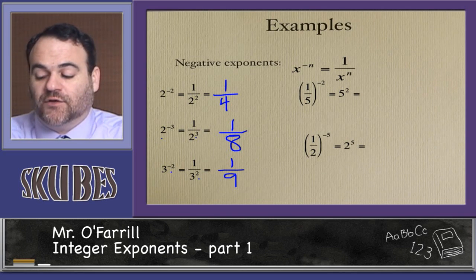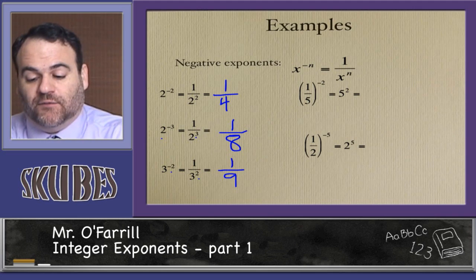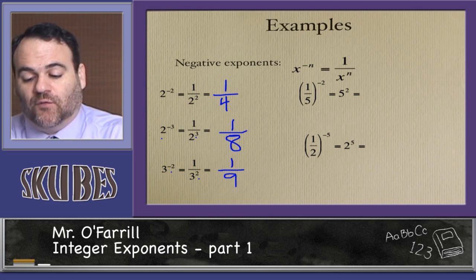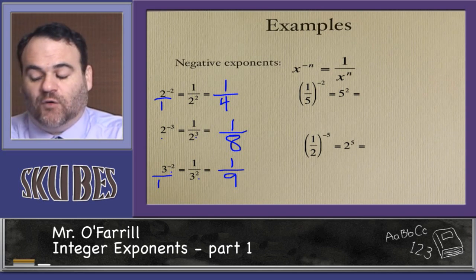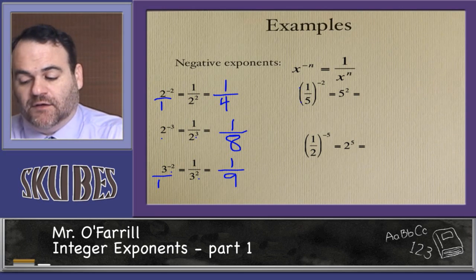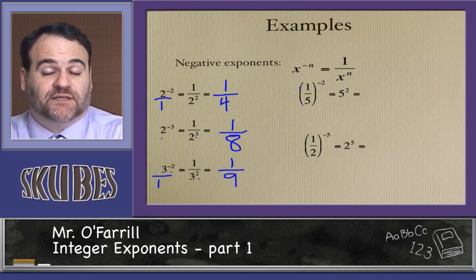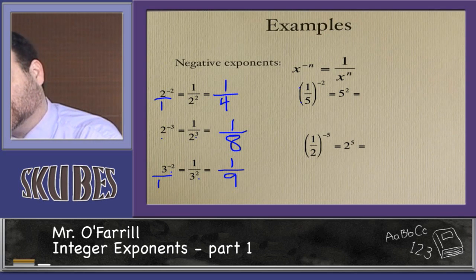And that's essentially what we're doing, is flipping it upside down. We took 2 over 1, it became 1 over 2. 3 over 1 became 1 over 3. So in this case, 1 over 5 to the negative second power became 5 to the second power. That's 25.